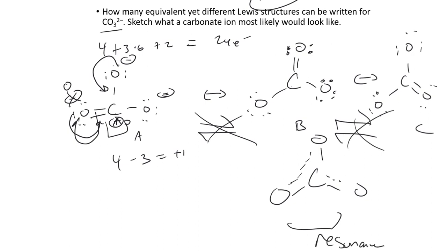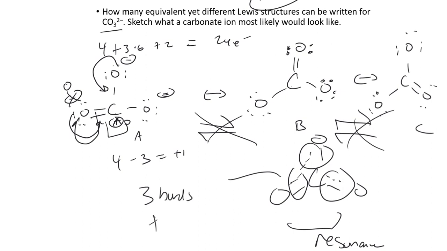That electron pair just spreads itself out across all 3 of these bonds simultaneously. So instead of having a double and 2 single bonds, we really have 3 bonds that are equivalent. So I have 3 bonds that are each sharing 4 pairs of electrons across those 3 bonds.